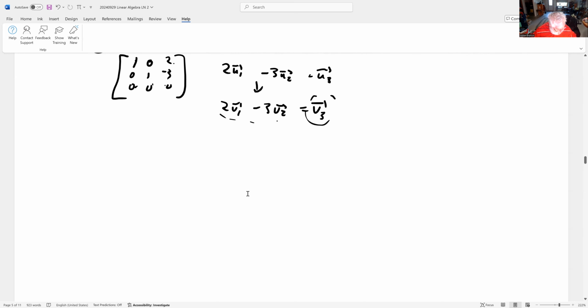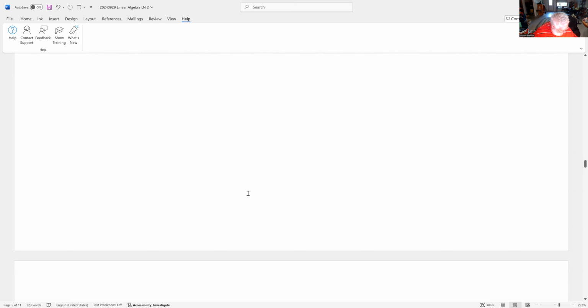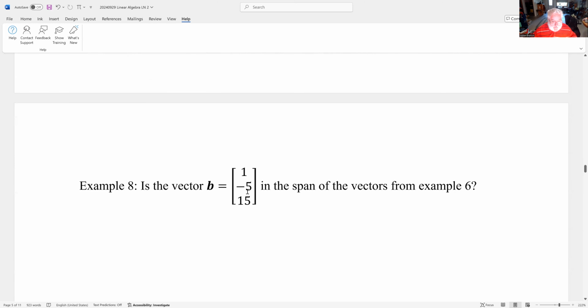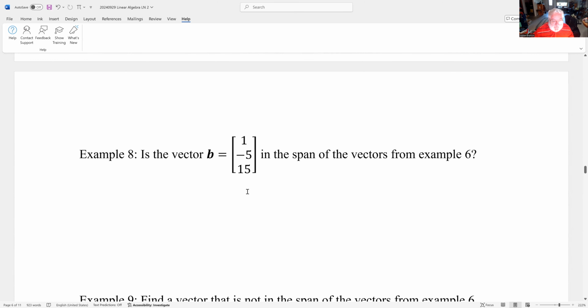And I think, okay, so is this in the span of the vectors from example 6? Right, and so this would be a slightly different question.